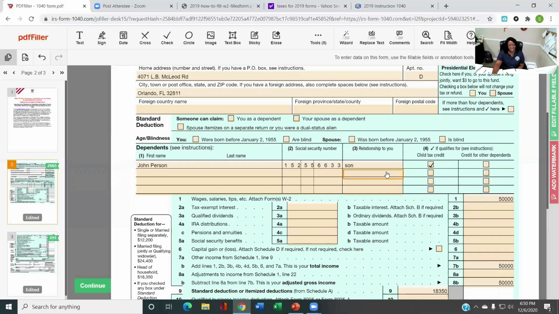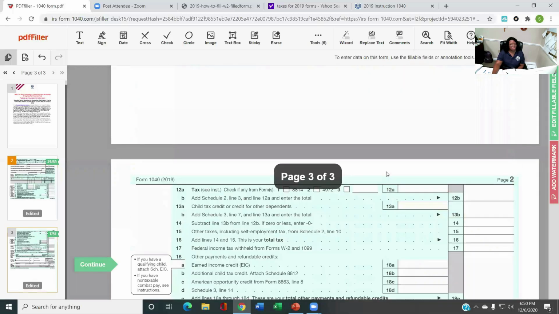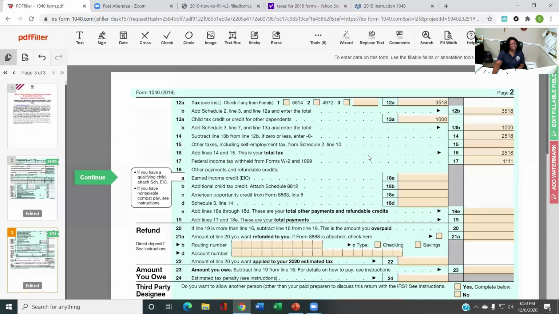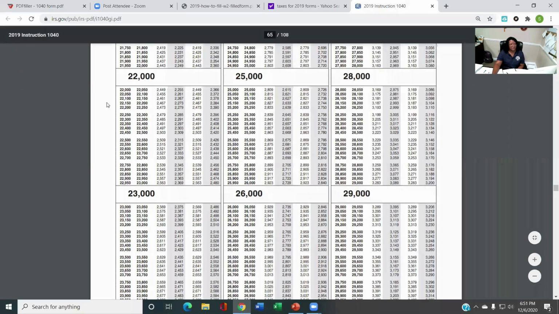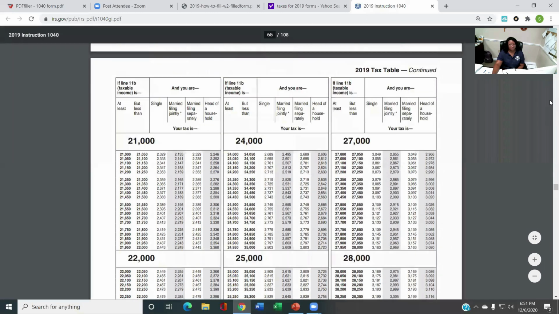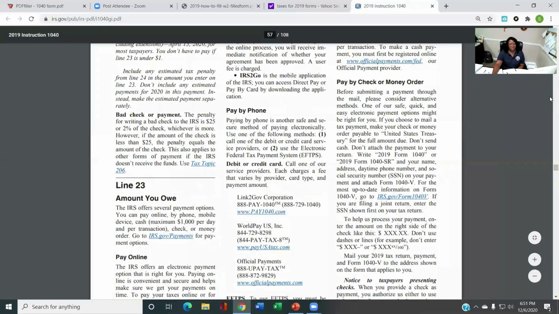So my son, let's say he's 10 years old. So I do have a qualifying child. So you're going to have to look this up. We're going to look it up in the instructions.